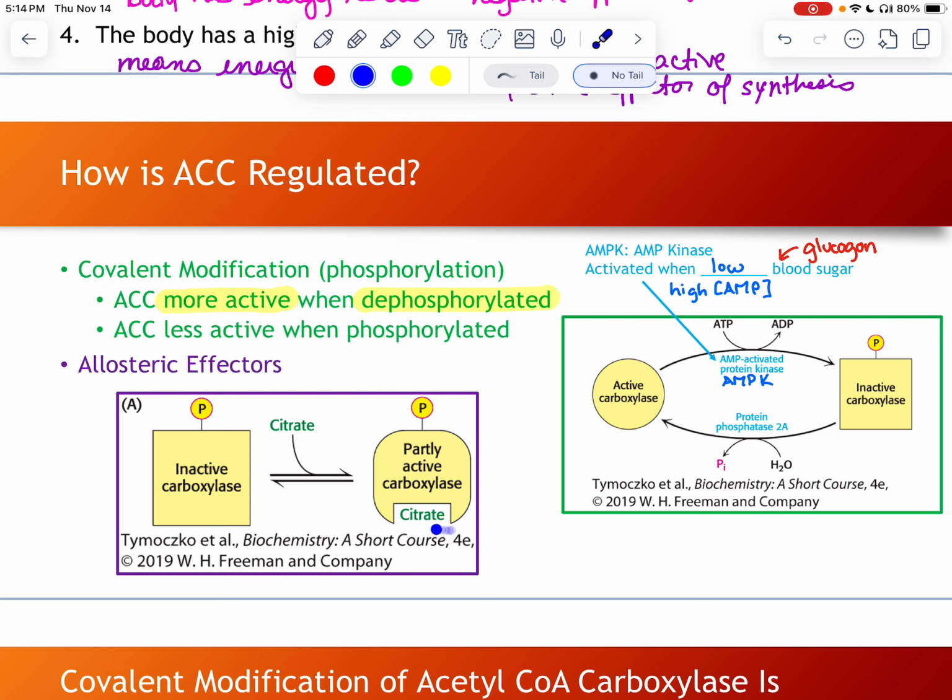But if we bond citrate to it, now it becomes partially active. If you took active carboxylase and bound citrate, maybe it'd be more active. But here it's going from almost no activity to at least partially active. The citrate kind of overcomes the inhibition produced by the phosphate. We'll look at the very end of this video a little bit about why.